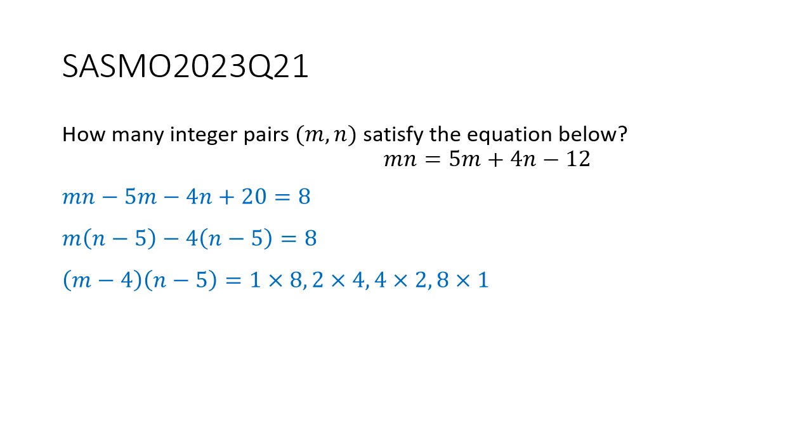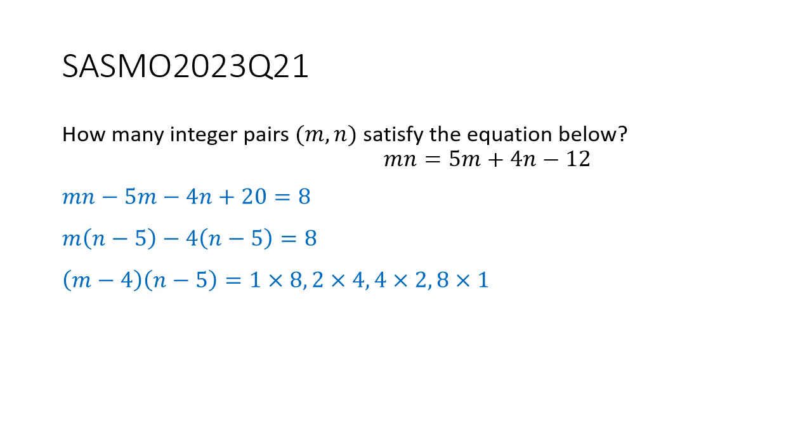Meanwhile, my right-hand side 8 can be expressed as either 1 times 8, 2 times 4, 4 times 2, or 8 times 1. Since we know that m and n are integers, then m minus 4 and n minus 5 are both integers as well. So by grouping it this way, I can see that there are some possibilities for m and n.